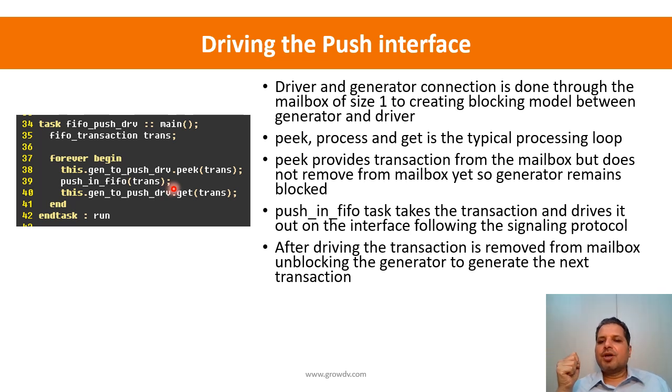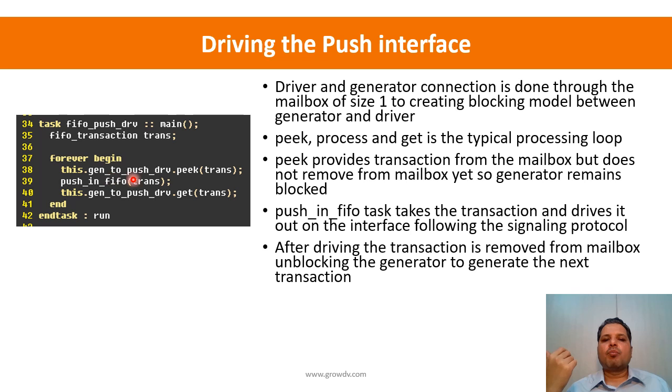You take a copy, and till you have processed it, or actually driven it out on the interface, you don't take it out of your communication channel, which in this case happens to be a mailbox.